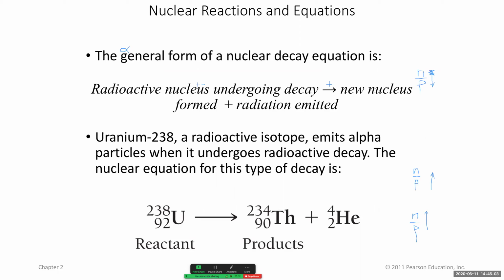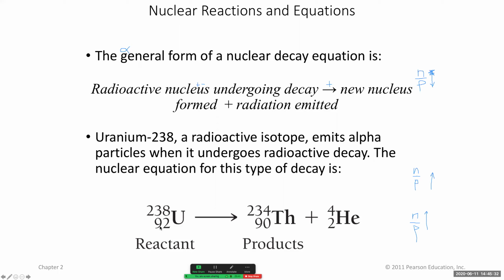And so a common radioactive decay that occurs in nature is the decay of uranium-238, and that decays with the emission or the loss of an alpha particle to produce thorium-234. So is this balanced? The way you determine if a nuclear decay equation is balanced is you add up the Z numbers, which are on the bottom.